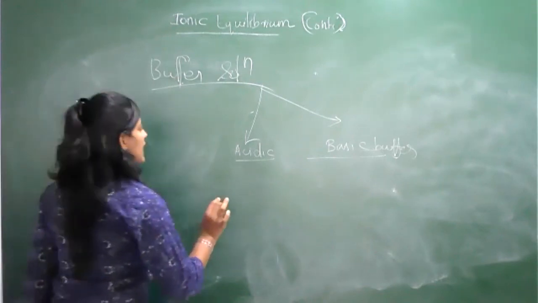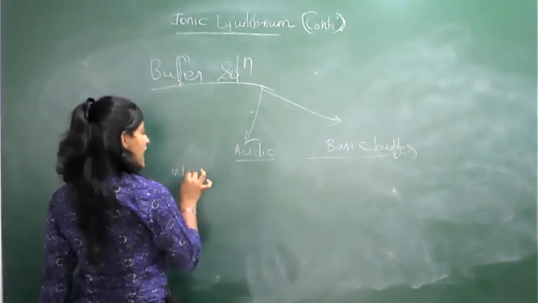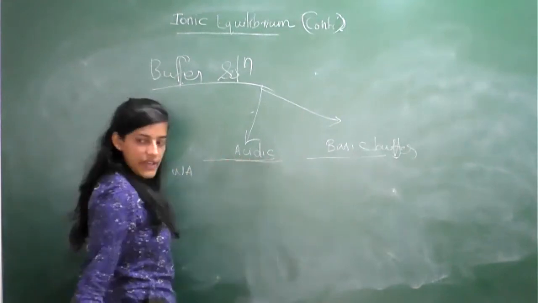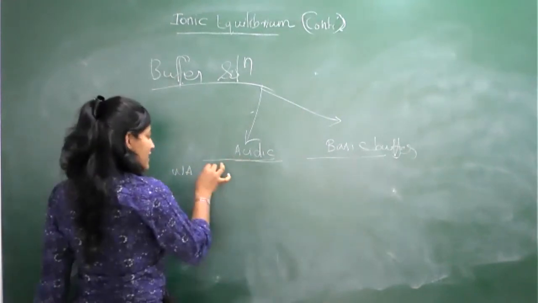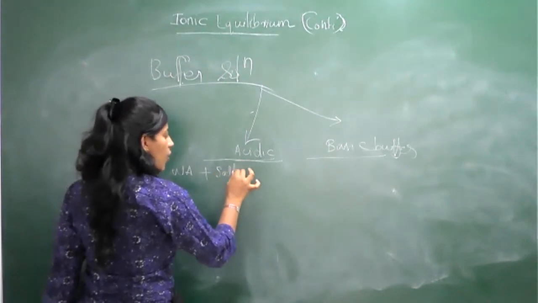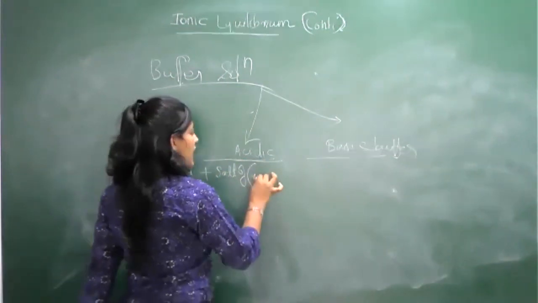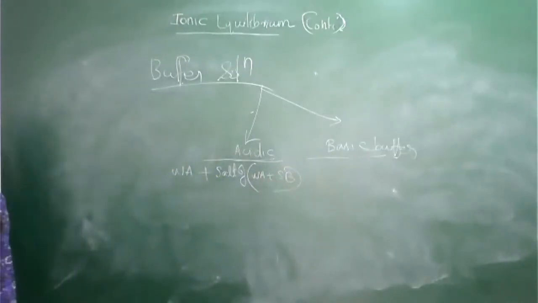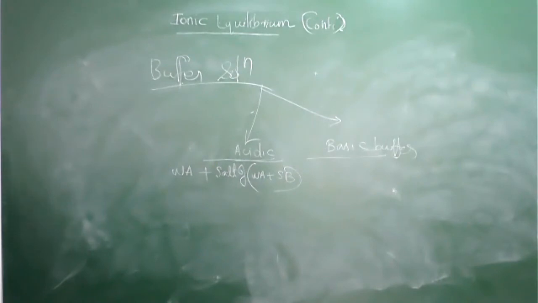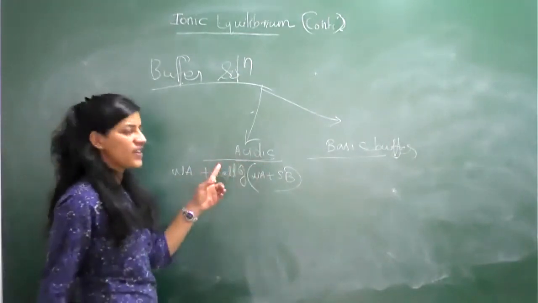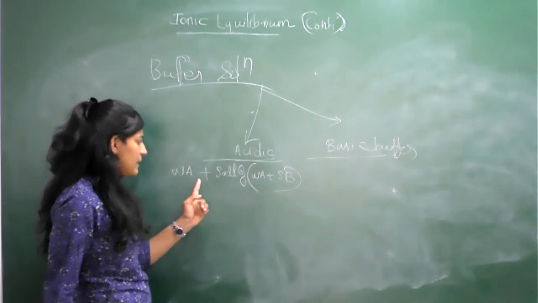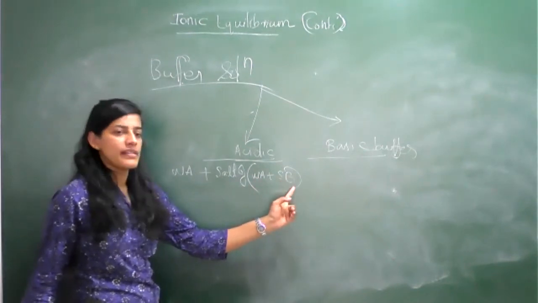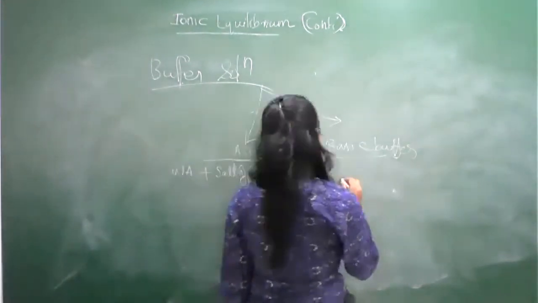Acidic buffer is a combination of weak acid plus salt of weak acid and strong base. Very important. Now can you tell me the basic buffer?